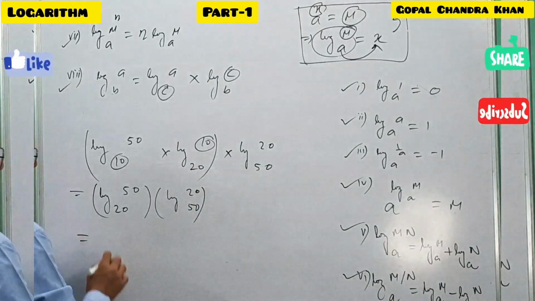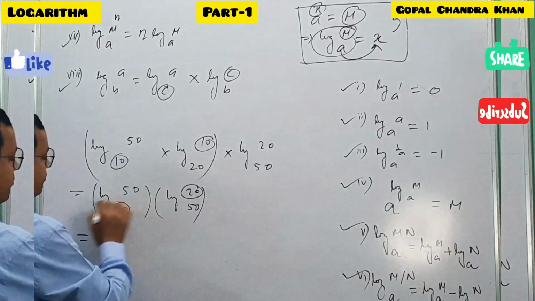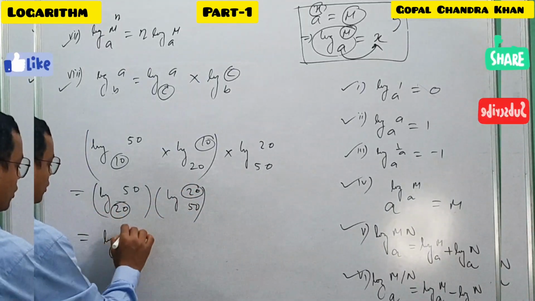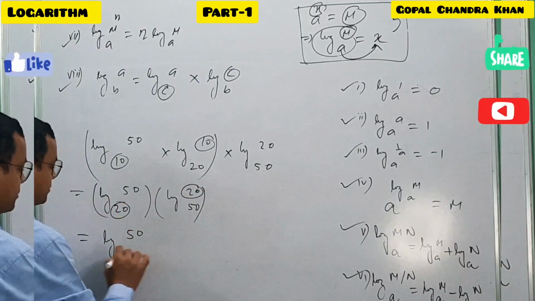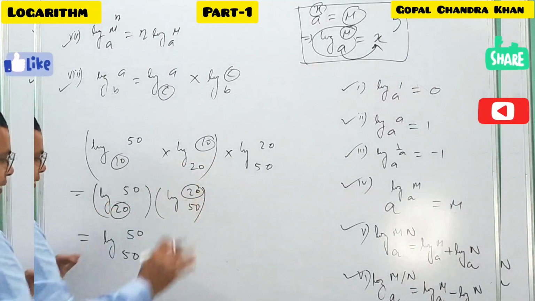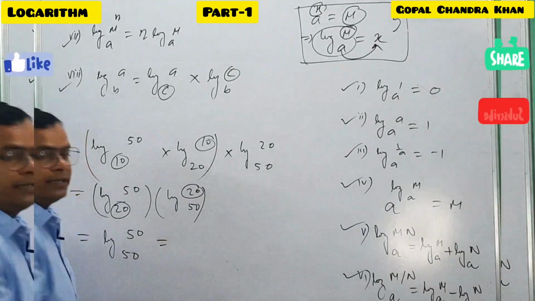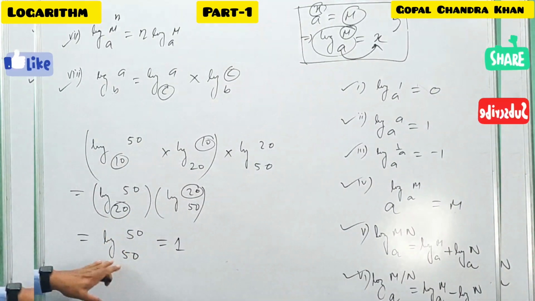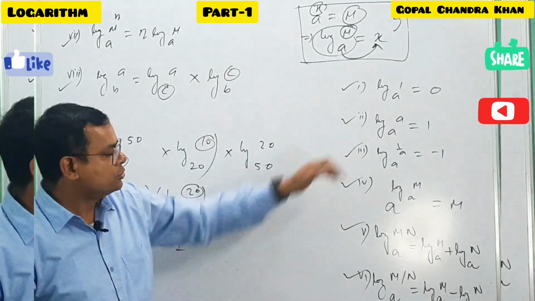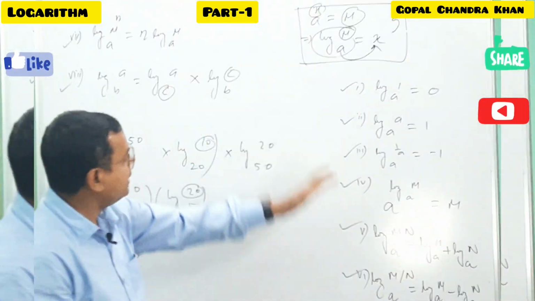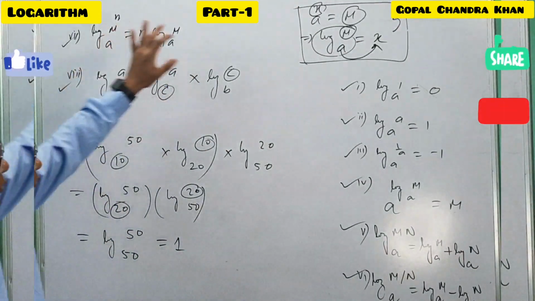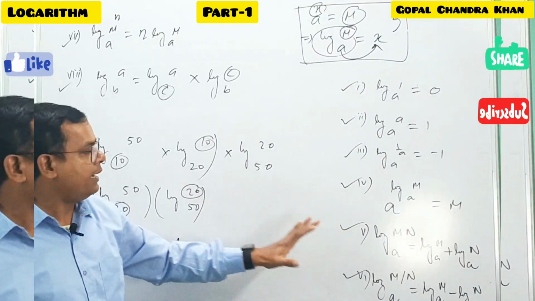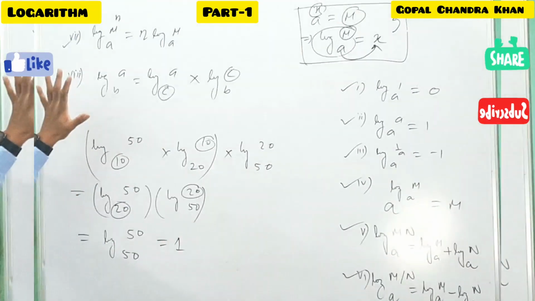Now here also you get the same, 20 and 20 matching, so you get log 50 base 50 remaining. Last, these two cancel and you get only 1 now. And you know what formula I applied? Number 2. So there are around 8 main formulas. We always use them, and from there we can do all these things.